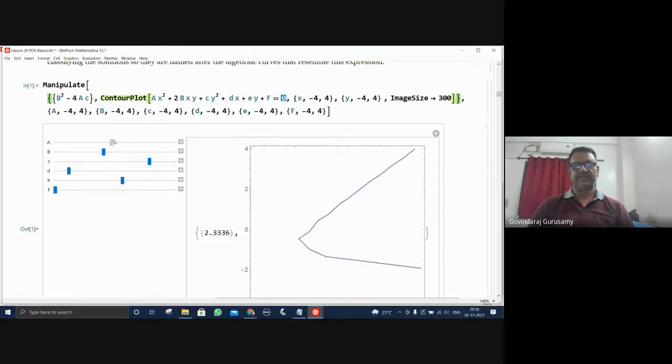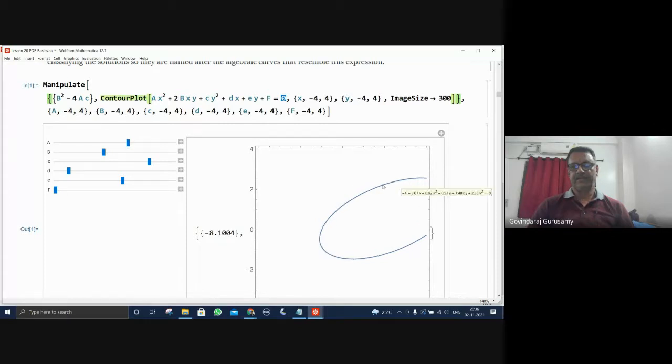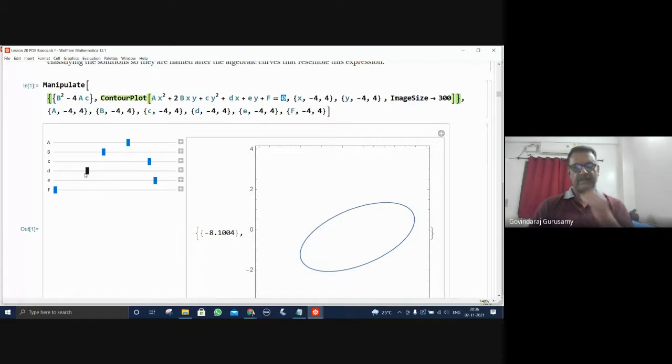Okay, you can see. This doesn't mean that it's not an ellipse. It is an ellipse, only a part of it is being seen. Okay, I'm able to push it in by changing the other parameters. So every parameter has coordinate values. Now this is x and y, so ABC are also functions of x and y now.